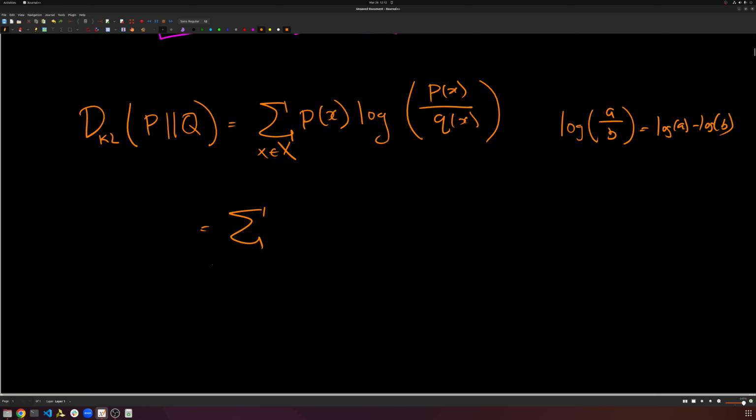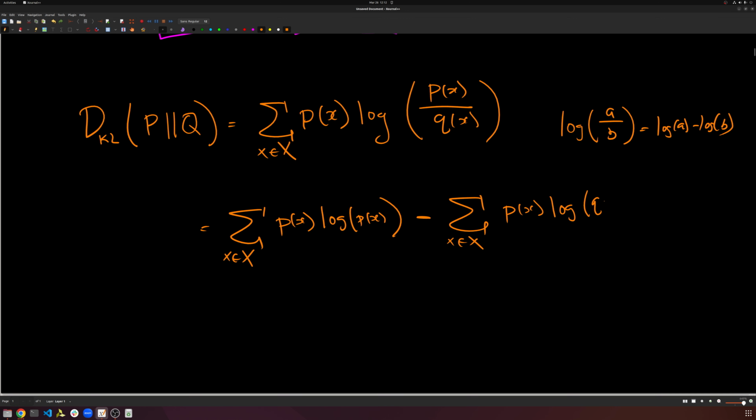We do sum over x of p of x log p of x, and then minus, because it's in the denominator, sum over x of p of x log q of x. I keep saying probability, it's not probability, it's distribution p, distribution q.